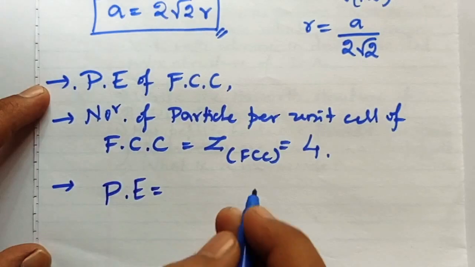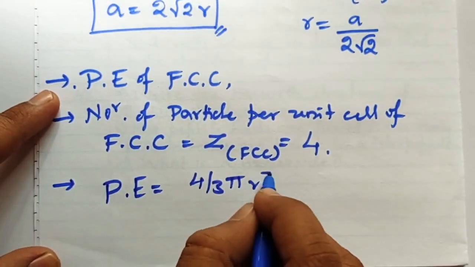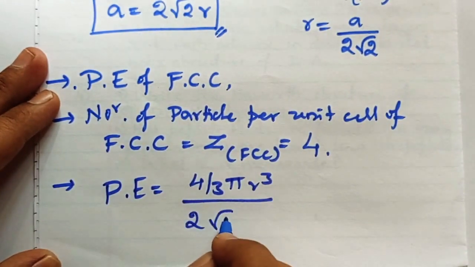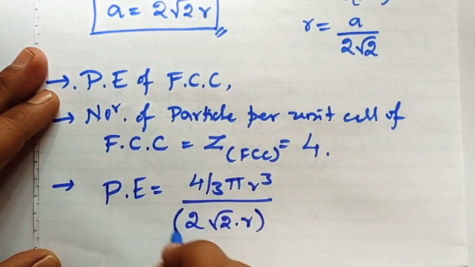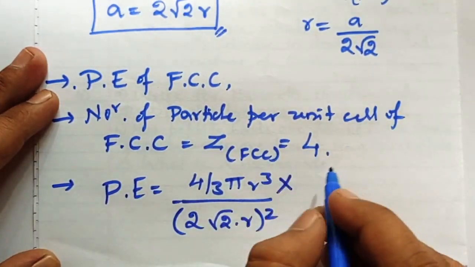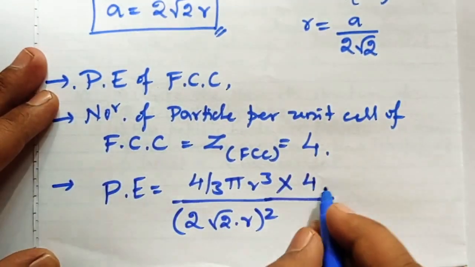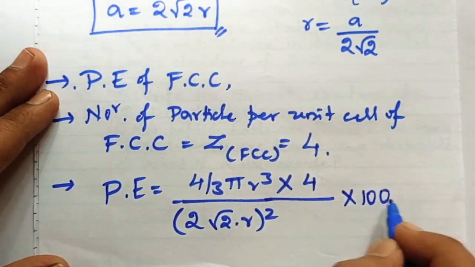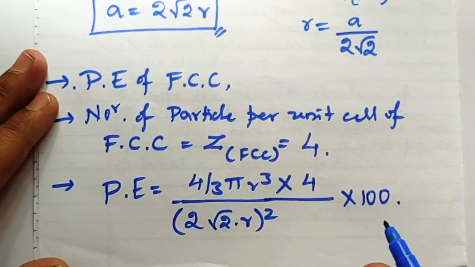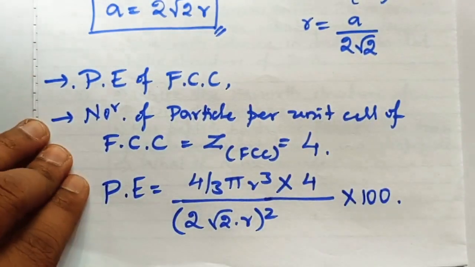Packing efficiency is equal to 4 by 3 pi r cube divided by a cube, that is 2 root 2 r whole cube, into the number of particles per unit cell, that is 4 for FCC, into 100. We should simplify this.